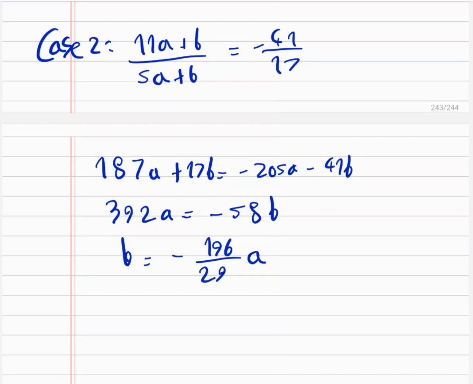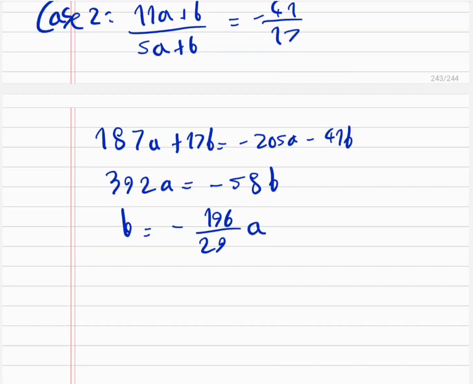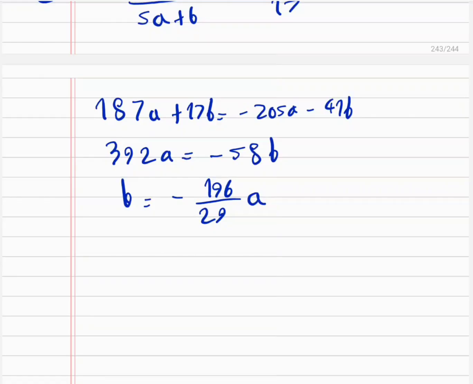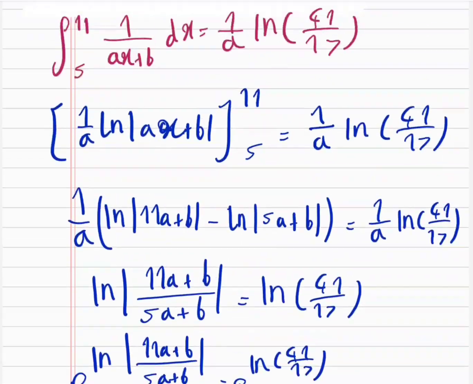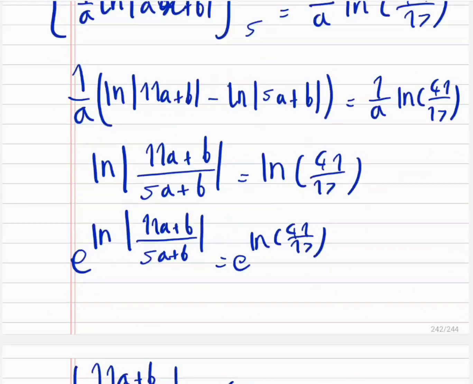The reason I rearranged in this way was to show you that the value of b isn't an integer, but the question says that a and b are integers.